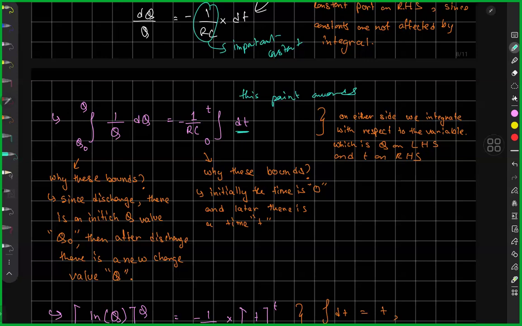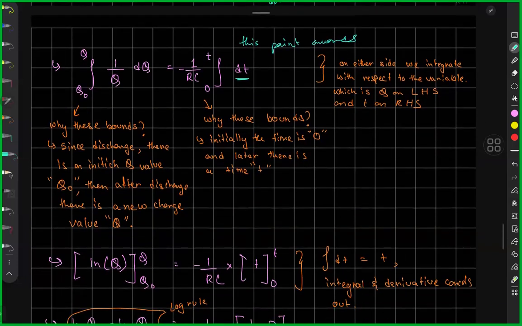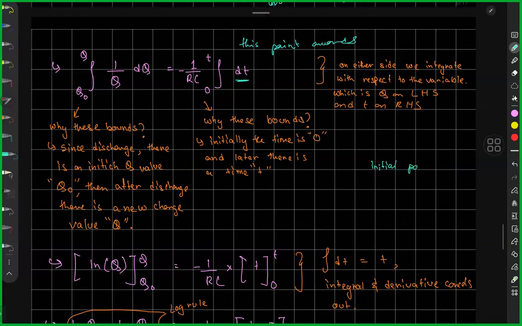What we have basically done is introduce an integral on either side of the equation, and we're going to integrate both sides between the same two positions. The initial point is the starting point.